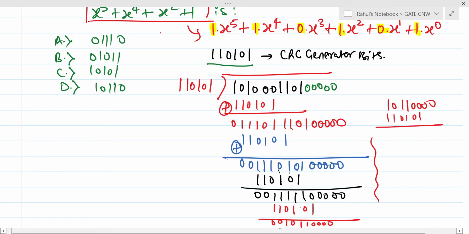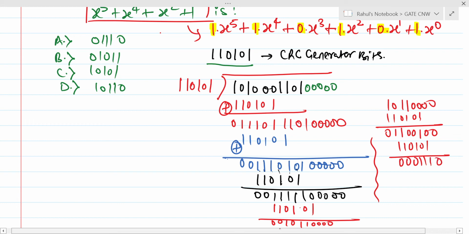So 1 1 is 0, 0 1 is 1, 1 0 is 1, 1 1 is 0, giving 0 1 0 0. Again 1 1 0 1 0 1. So 1 1 is 0, 1 1 is 0, 0 0 is 0, 0 1 is 1, 1 1 is 0.